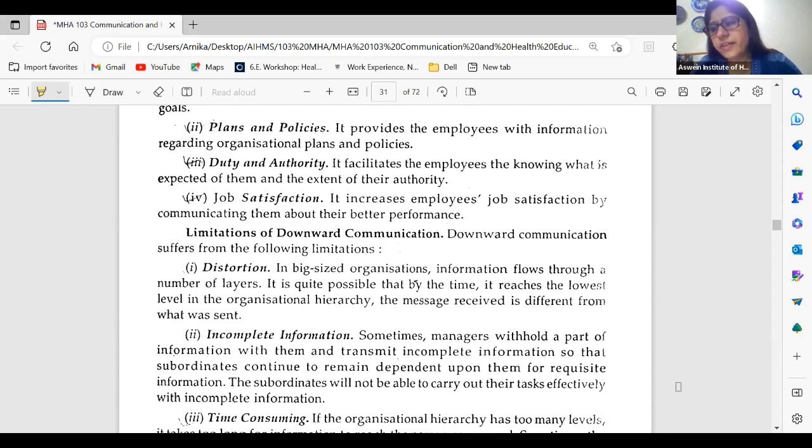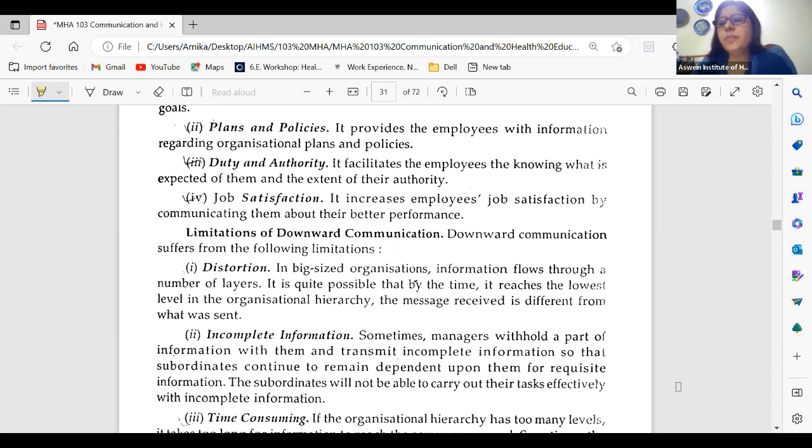Every level has their own understanding. If top management sends it to middle management, of course, how middle management perceives it and then passes it to the next ladder is quite questionable.